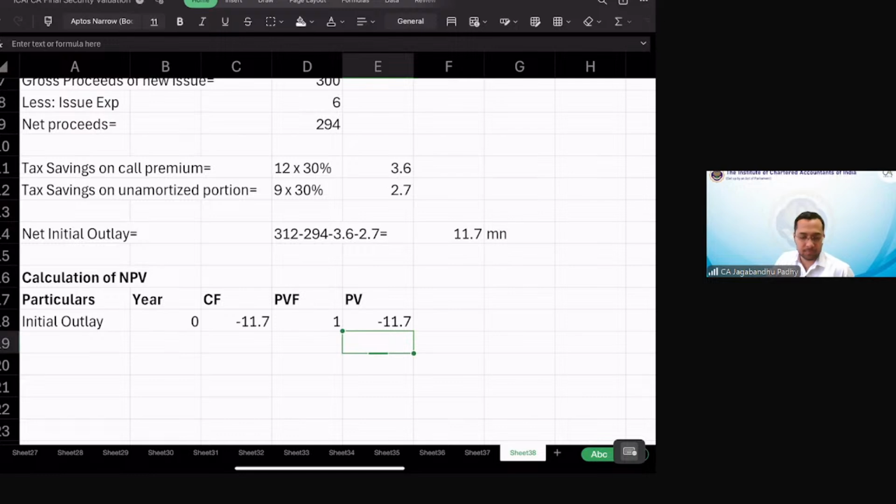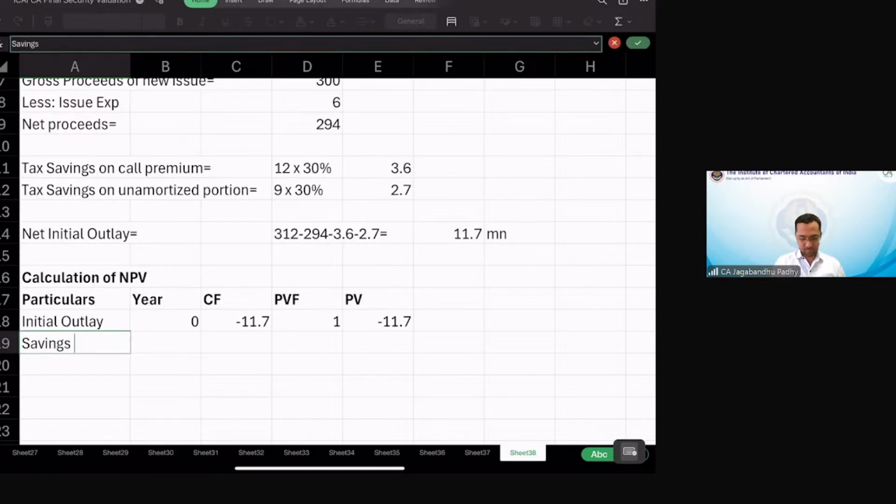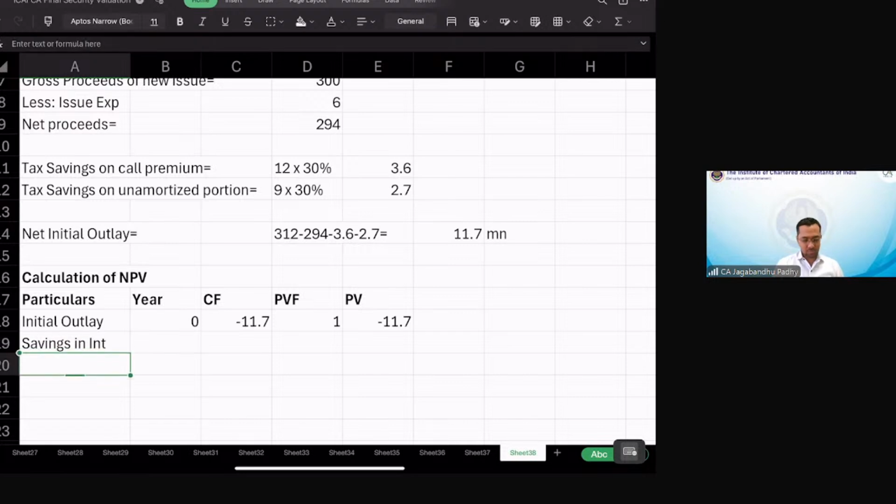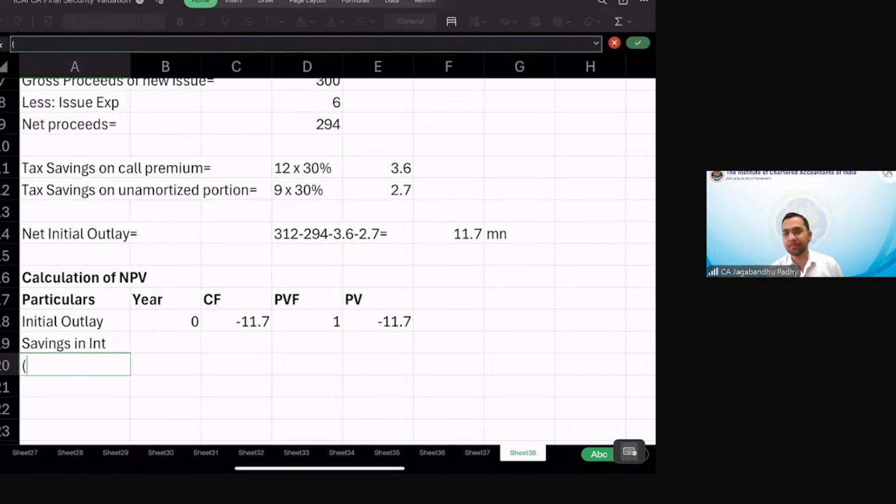Then what will be the cash inflow and outflow over here? First, we will say, what is the savings in the annual interest expense? What will be the amount of savings?